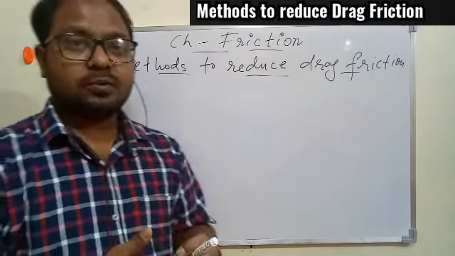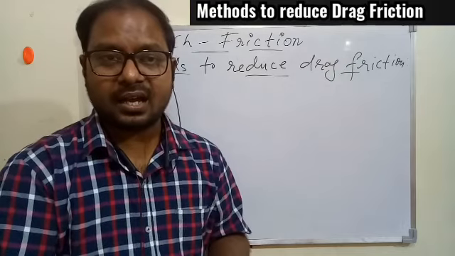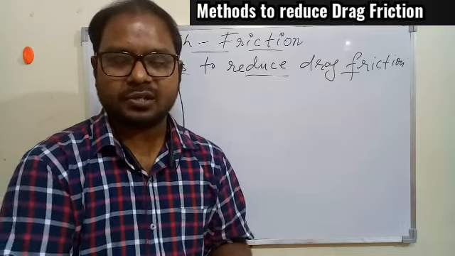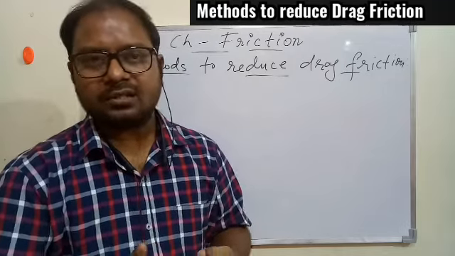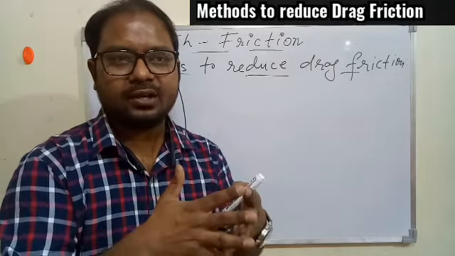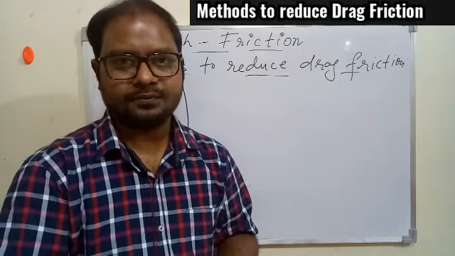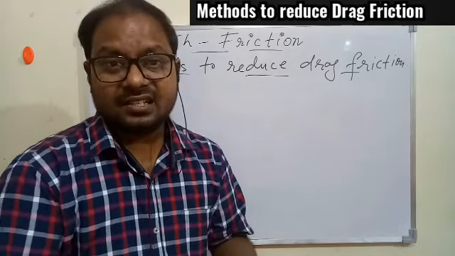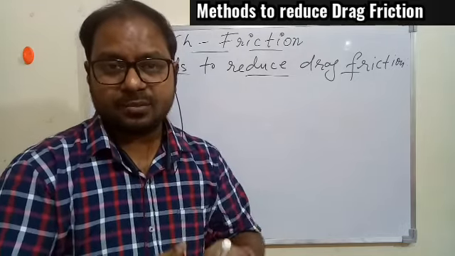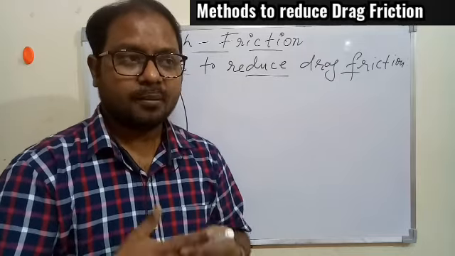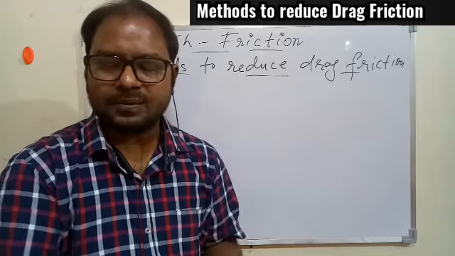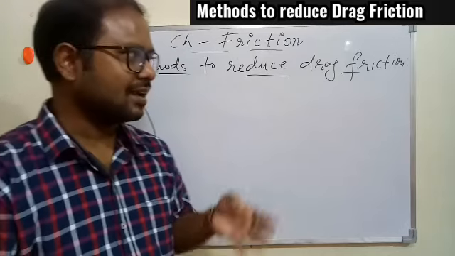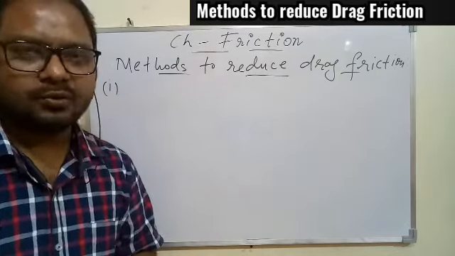Second, the speed of the object. If the speed is very high, what will happen? The drag friction will be more, and the less the speed, the less the drag friction. And third is the overall area in contact with the fluid. So by changing the area in contact, meaning by changing the shape of the object, by changing the speed of the object, by changing the nature of the surface of the object, we can change the drag friction, and that is what we are going to discuss today.